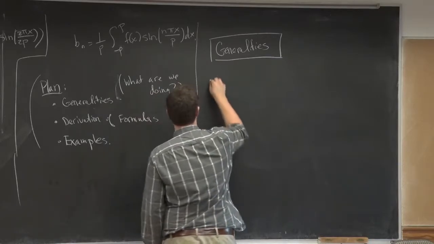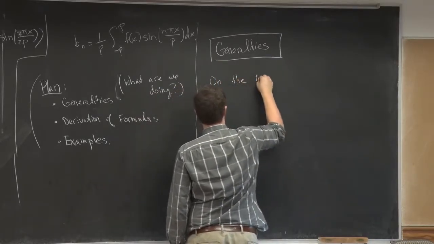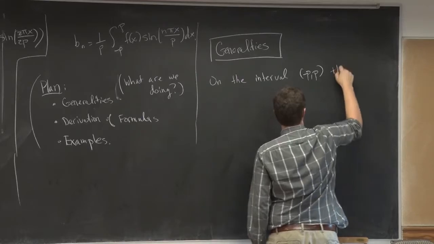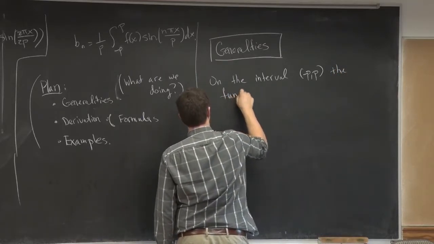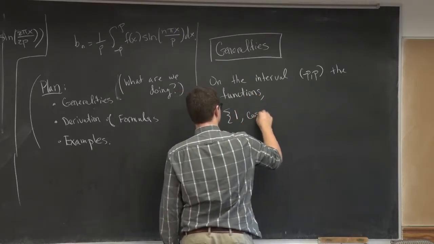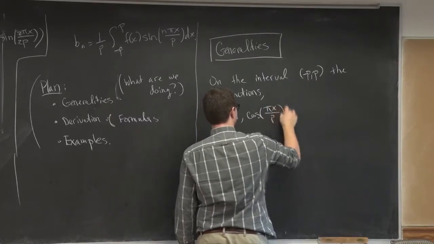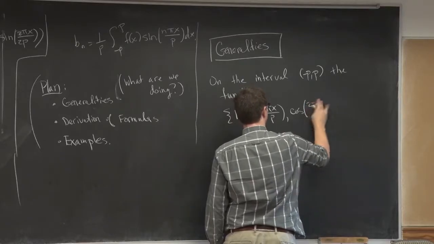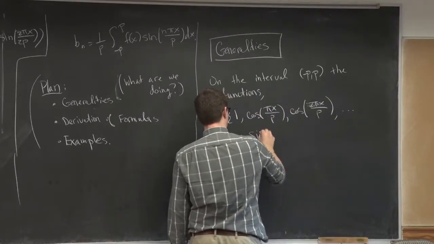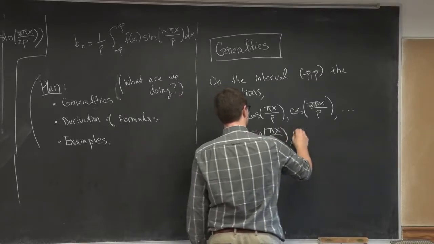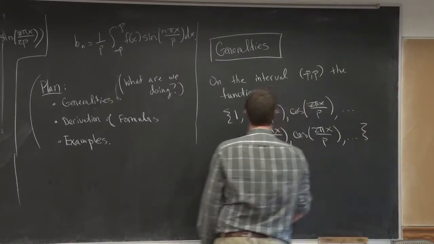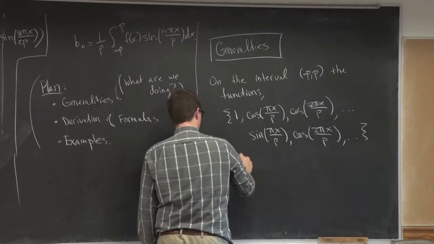On the interval minus p to p, the functions here, the constant function 1, cosine pi x over p, cosine 2 pi x over p, and then I could have sine pi x over p, sine 2 pi x over p, like so, right? Form an orthogonal system.